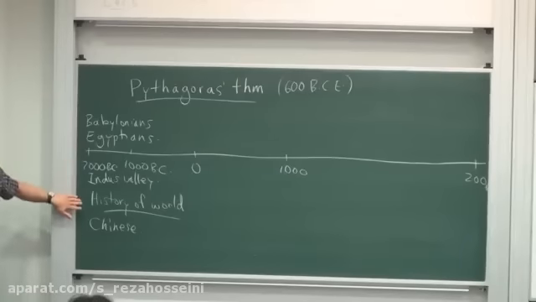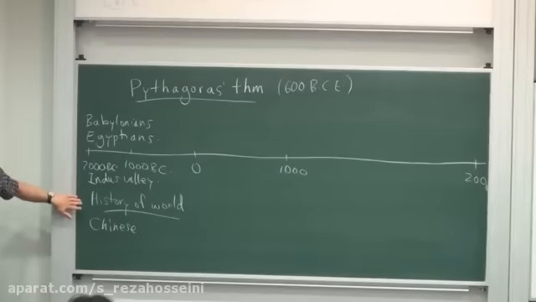golden age of Greek mathematics, and a lot of what we are studying in mathematics, especially in the history of mathematics, has to do with Greek mathematics or developments that came from the Greek mathematicians. And prominent amongst the Greek mathematicians were some very famous names.